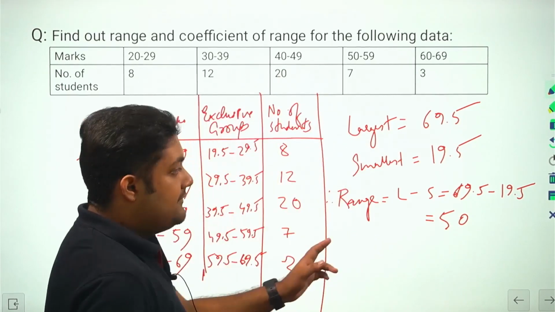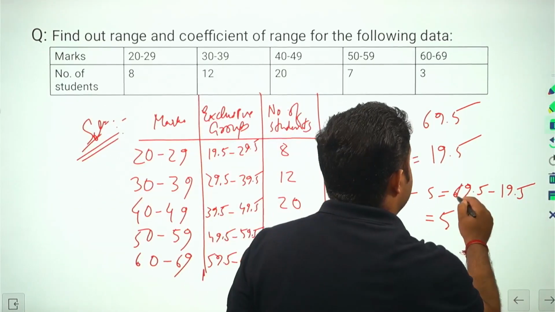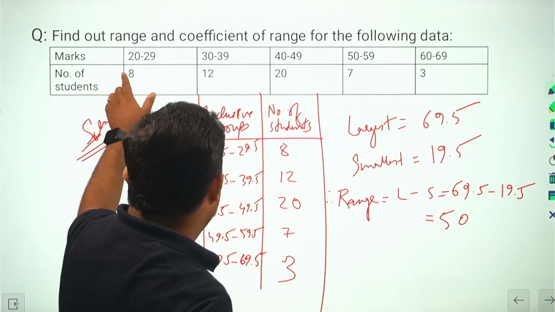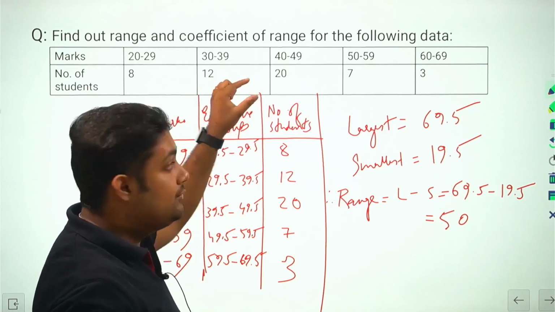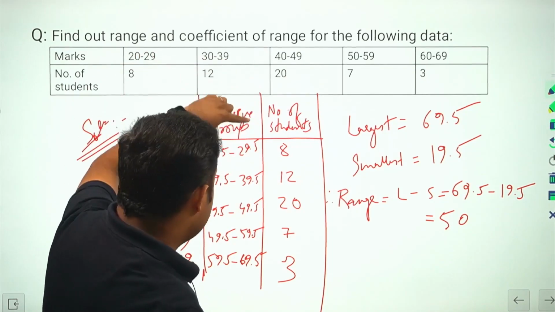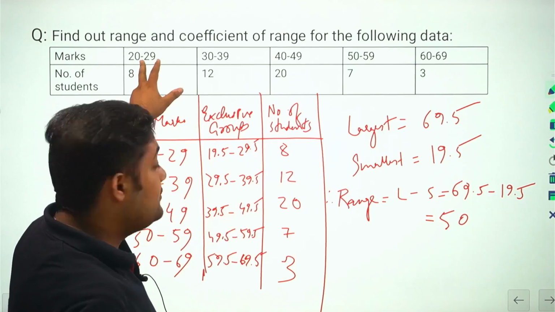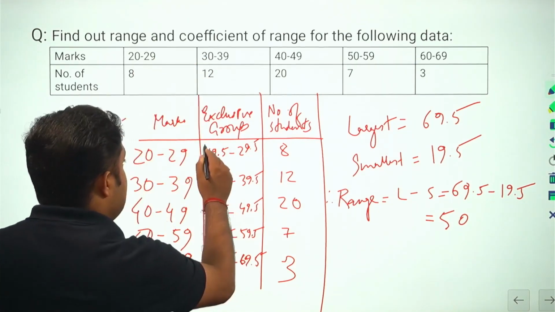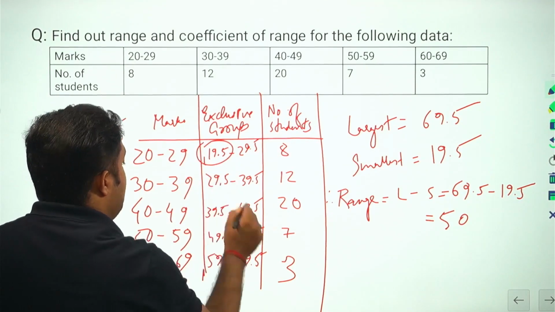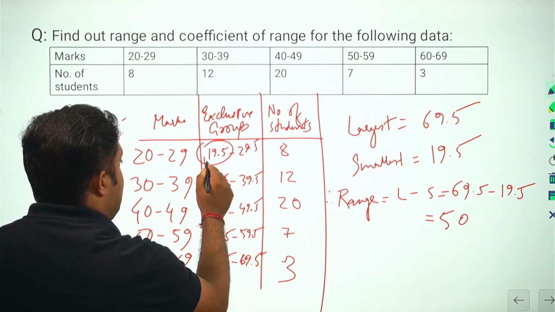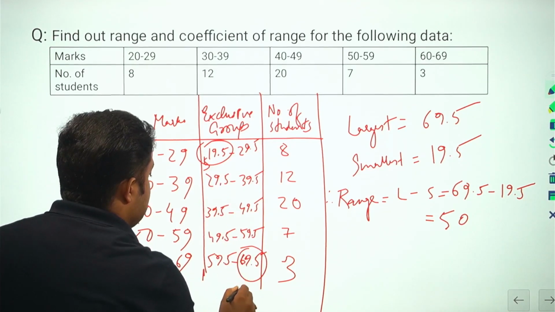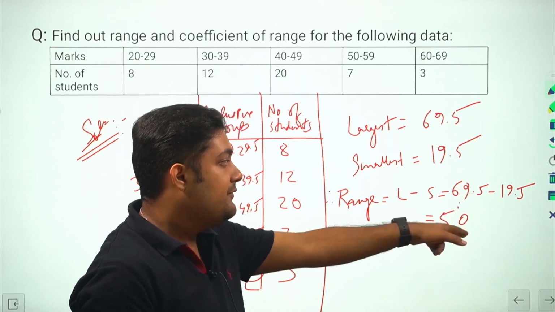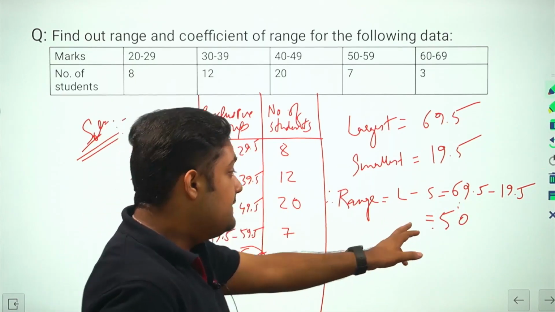We made the exclusive group because this was an inclusive group, so we converted it. The lowest value 19.5 is S and the largest value is 69.5, so we take the difference. Range is 50.